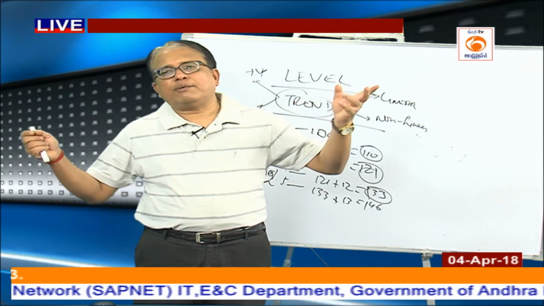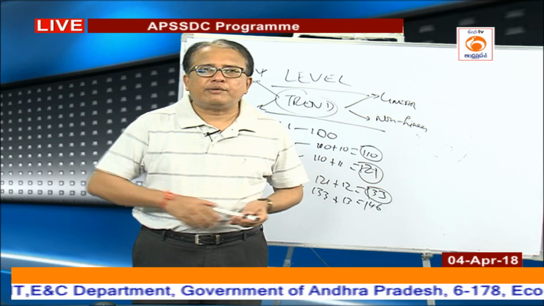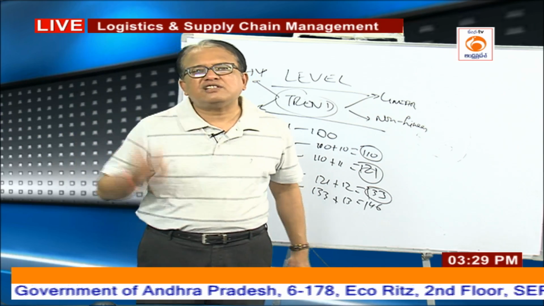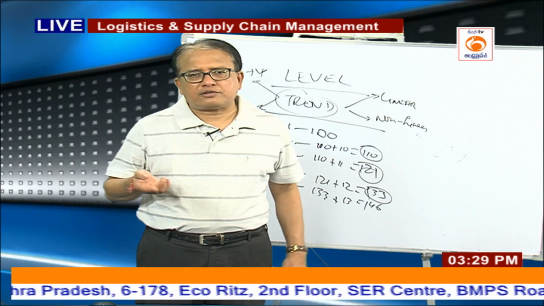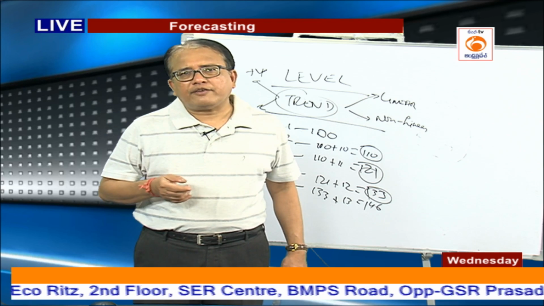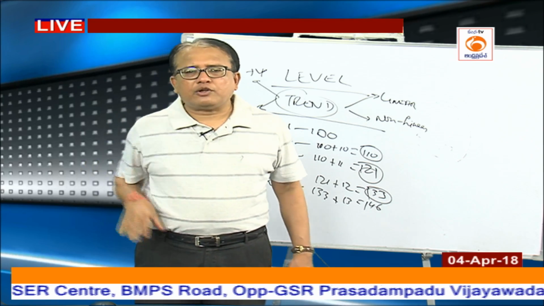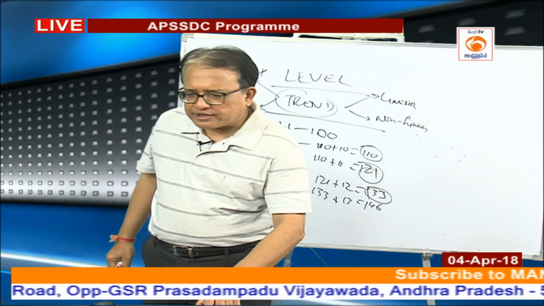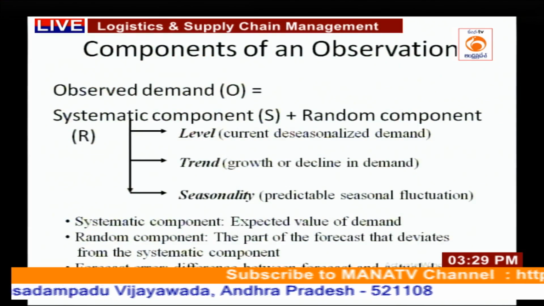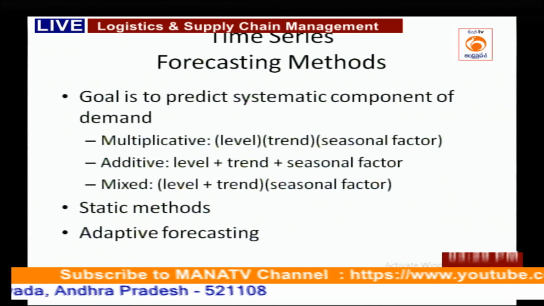Think of umbrellas, probably the sale of umbrellas go up during monsoon. So, these are seasonal products. There are plenty of seasonal products that we can give examples of. So, the observations will also change. So, let us go on to the next slide. These are some of the components for an observation.